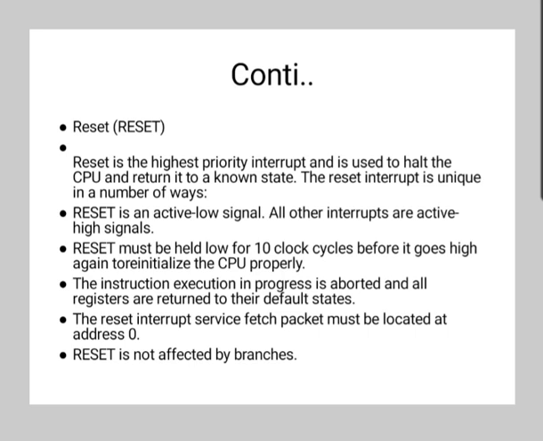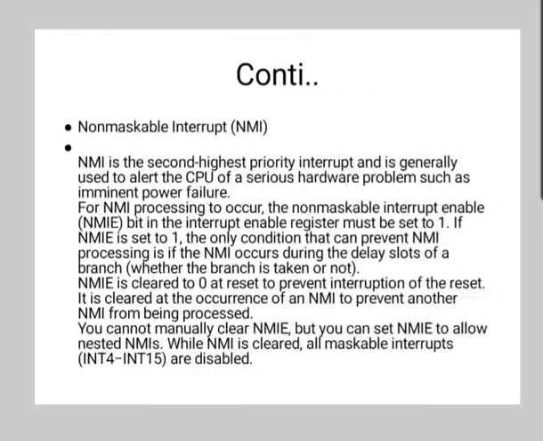Reset bar must be held low for 10 clock cycles before it goes high again to reinitialize the CPU properly. The instruction execution in process is aborted and all registers are returned to their default states. The reset interrupt service fetch packet must be located at address 0 and reset is not affected by branches.